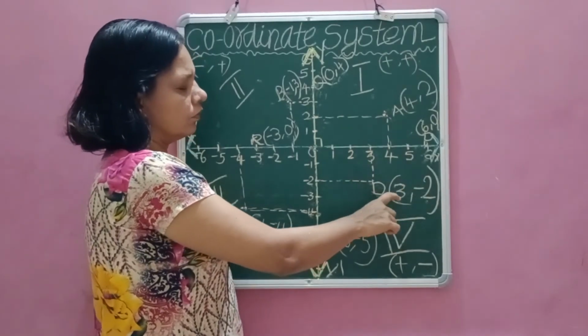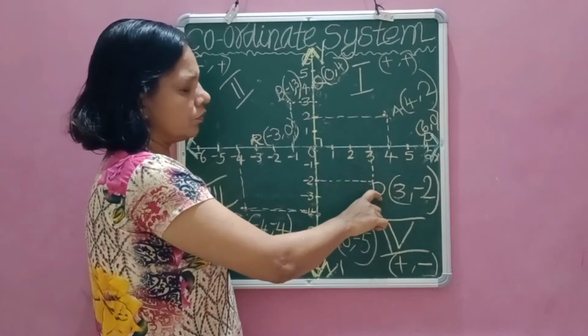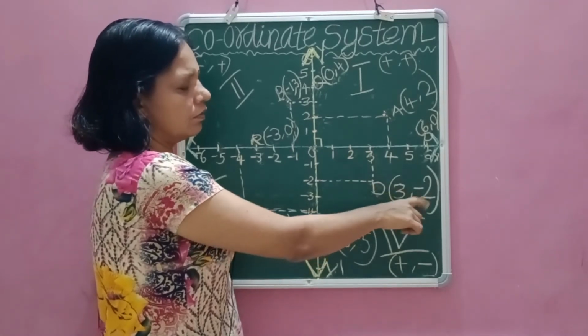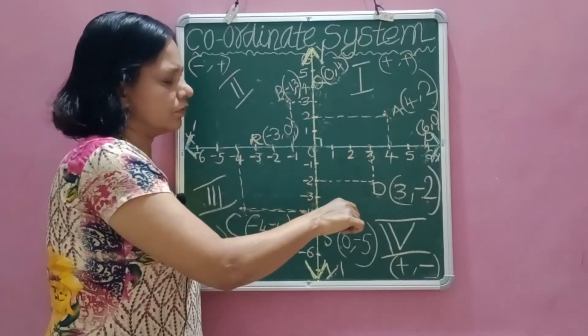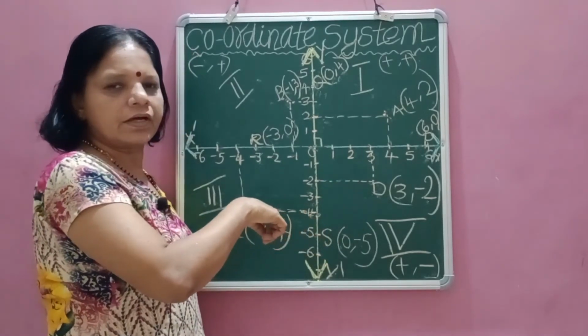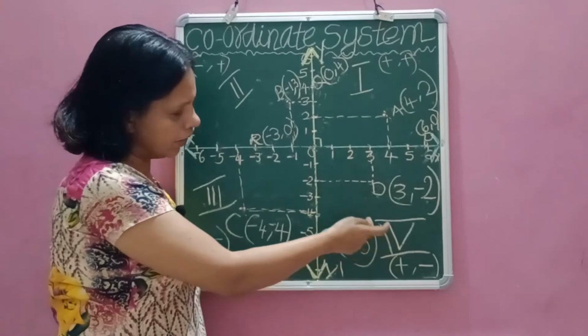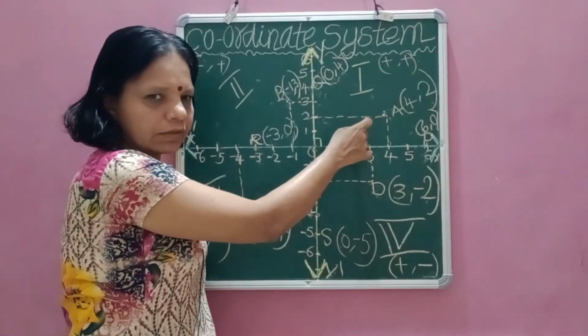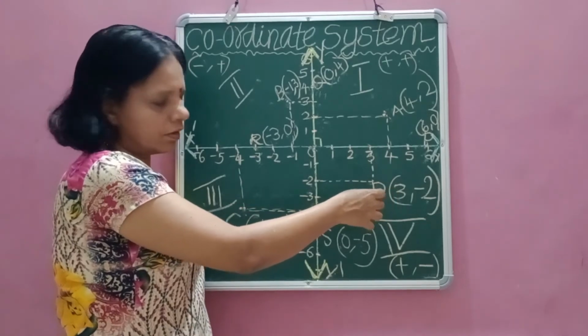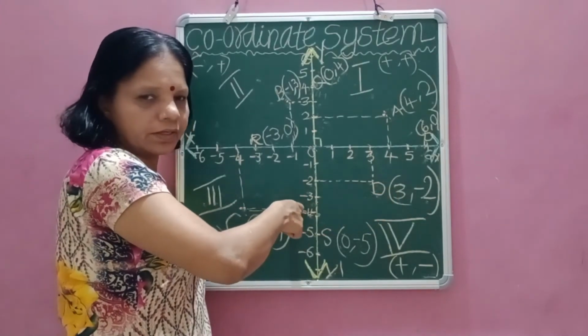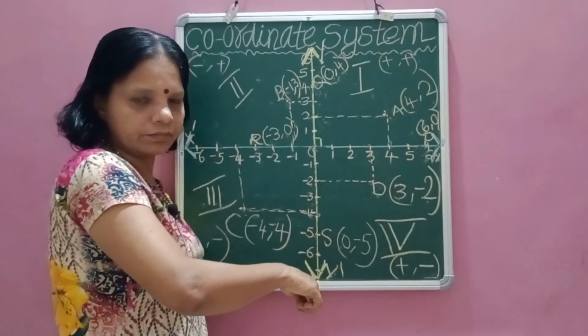Therefore, the coordinate of D is (3, -2). It will always be x positive and y negative. If you take anywhere, when you draw the perpendicular to x-axis, it will be positive. And if you draw the perpendicular to y-axis, it will be negative.